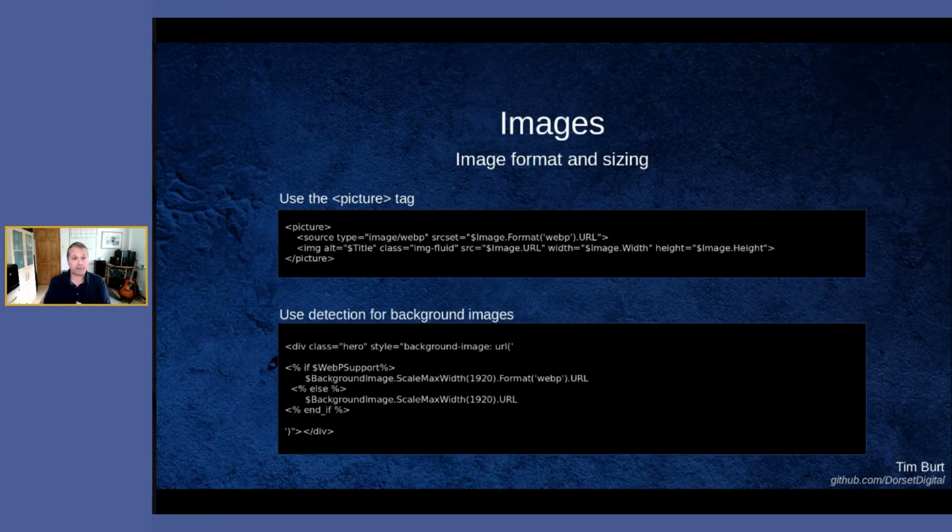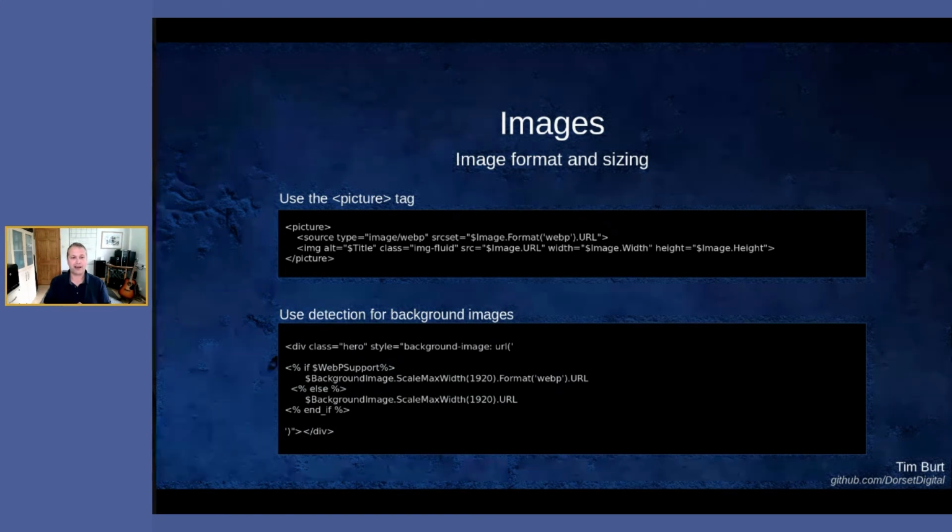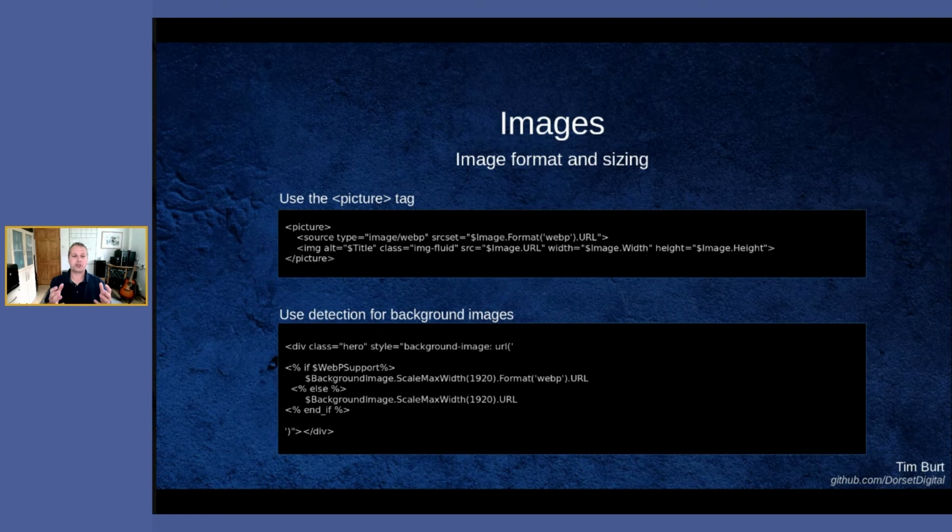Background images are a slightly different matter. So if you are using background images, I've sort of tried to format this so it makes a degree of sense. So here we've just got a background image in it, and we're specifying the background image in an inline style. So that data may be coming out of a file object or whatever.